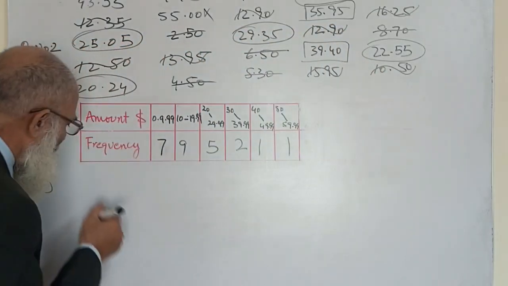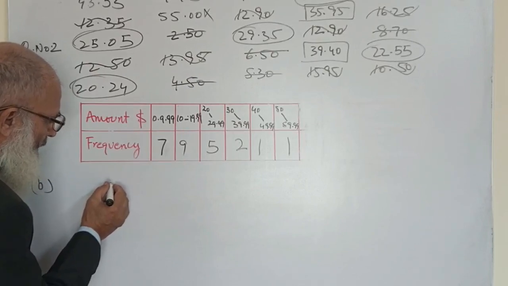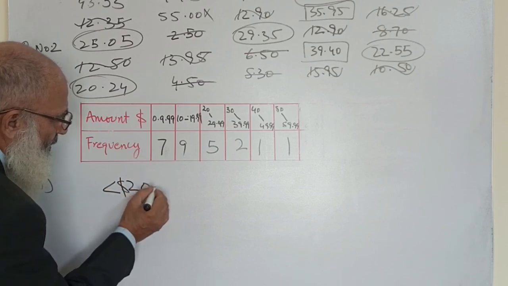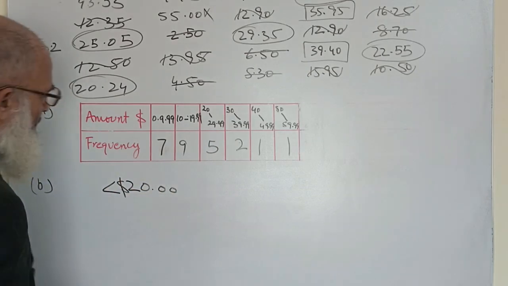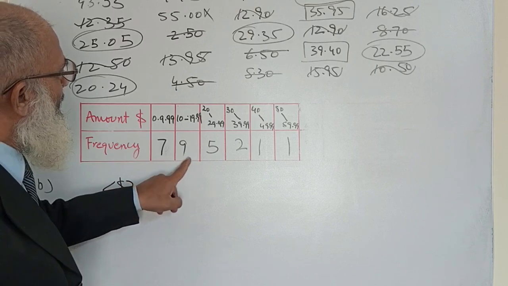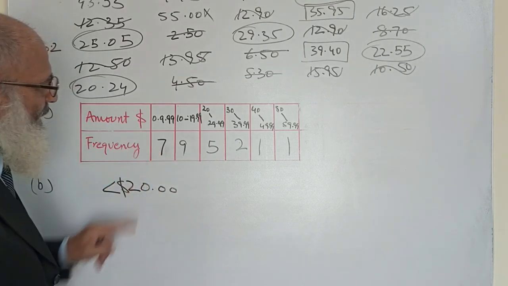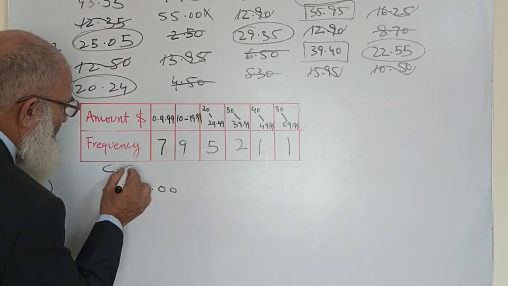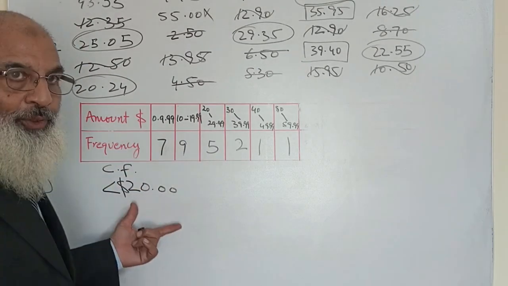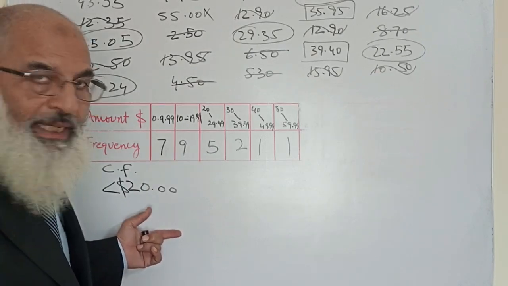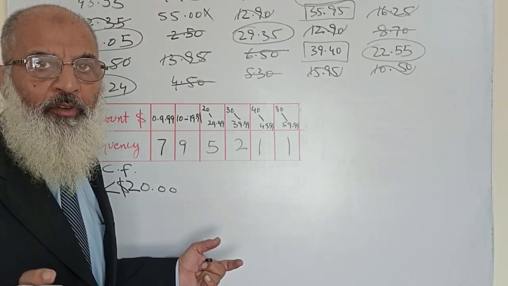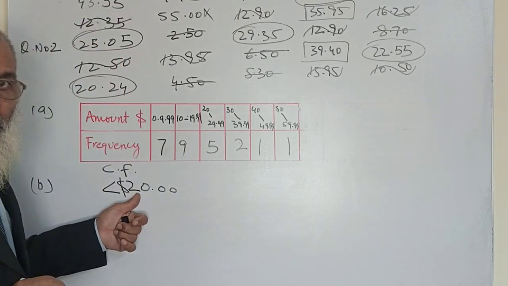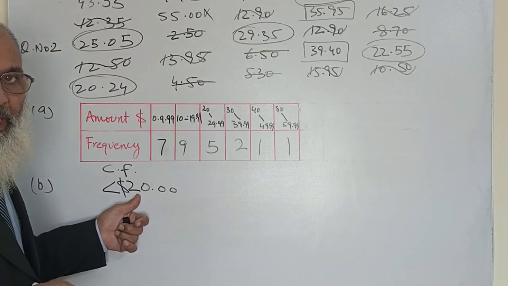Now part B is: how many people spend less than $20? Now you see that we have to find cumulative frequency in this case also, CF, because I told you in question number 1 that you can find cumulative frequency at any instant. Now he has asked us how many people spent less than $20.